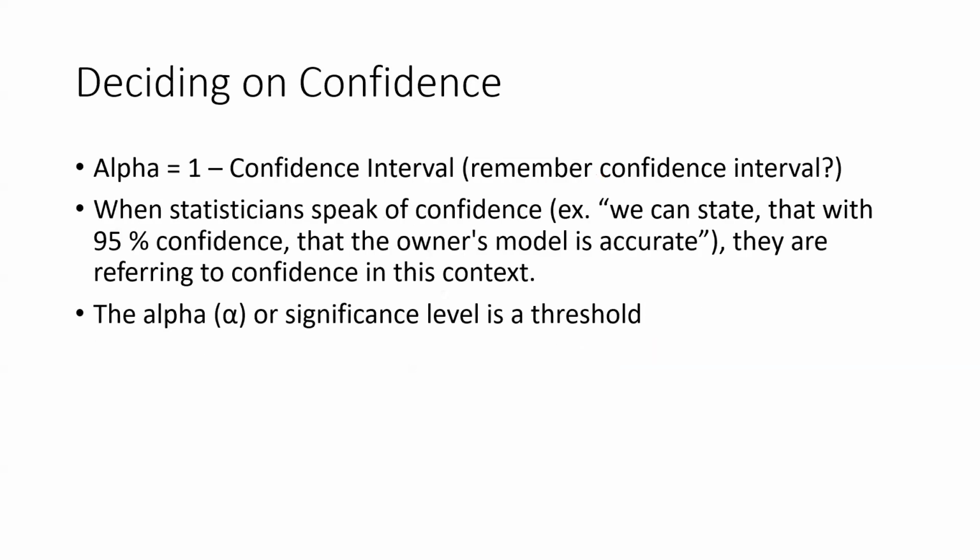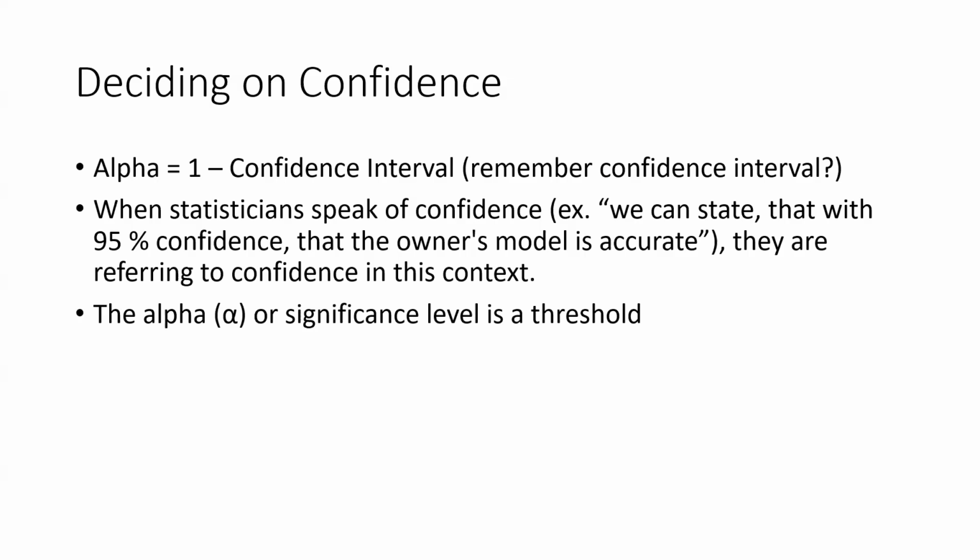Now, with that out of the way, let's talk about determining confidence or deciding on confidence as it relates to hypothesis testing. All right, so we have our data, and now we want to apply a particular test, whatever test is appropriate, but we have to decide on the particular confidence or significance, as it were.